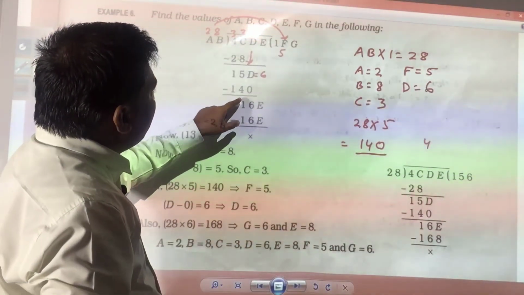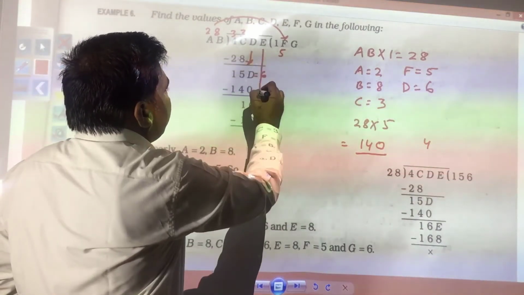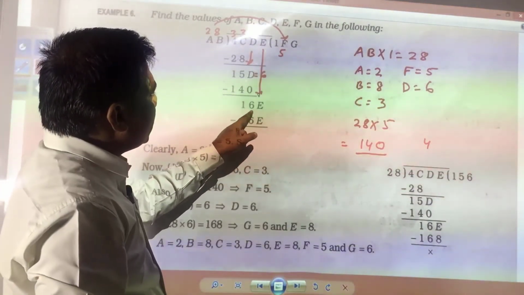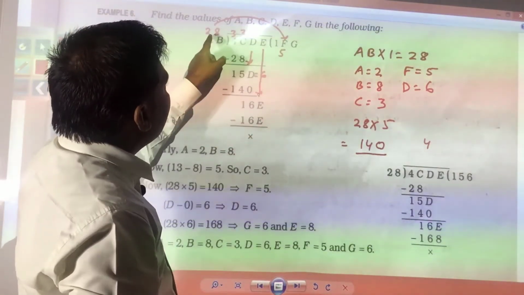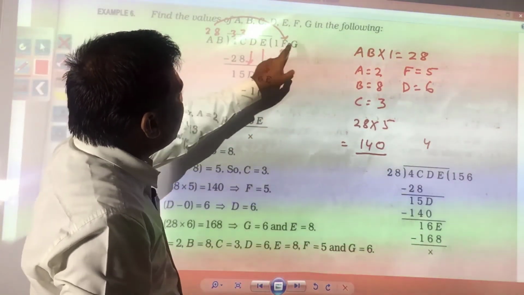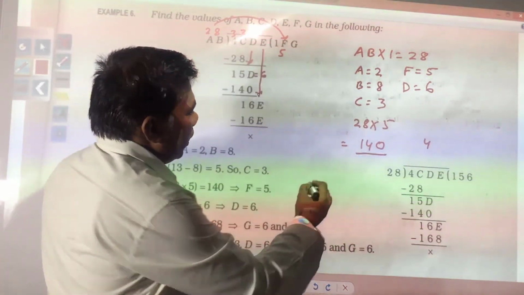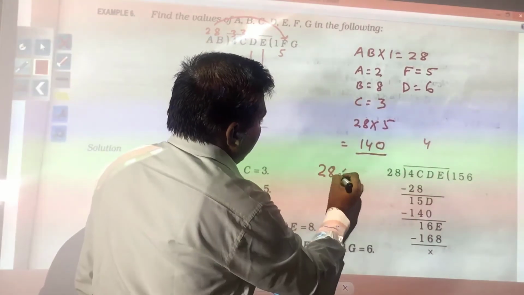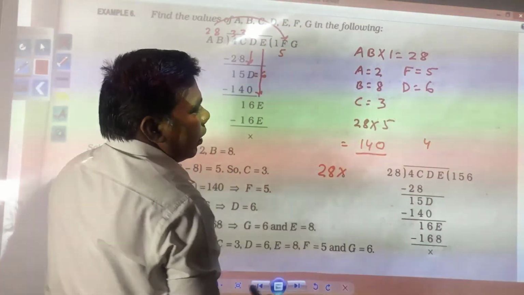Now, you have here 1 6 E, E has been taken down, your number is 1 6 E, and then you have got G times it has been multiplied. 28 into G, you have got 1 6 E. So, just you see, if with 28 you have multiplied 5 and you have got 140.